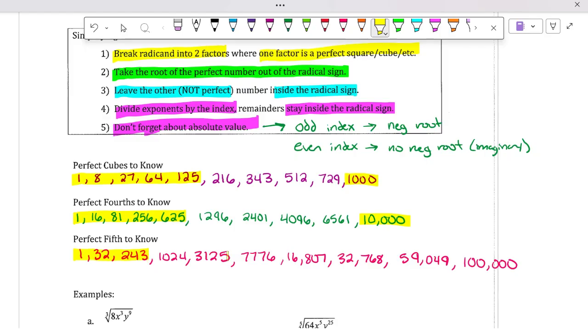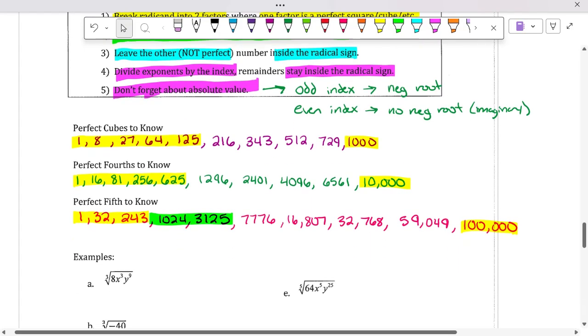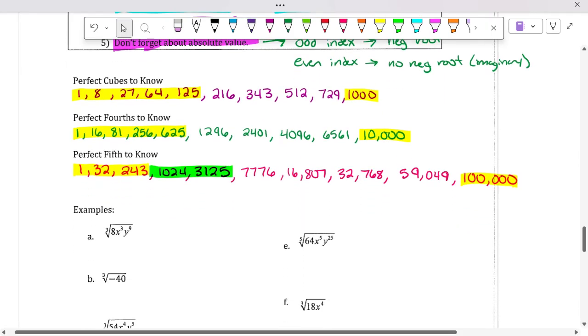If you want to go all the way up to 5, that's fine, and you definitely need to know what 10 to the 5th is. And again, you're always welcome to use your calculator. It will do it for you, but it is a good idea to do some off of memory because it will help.